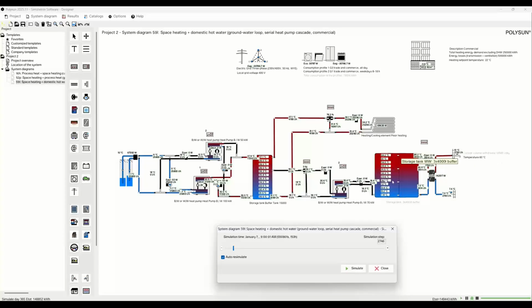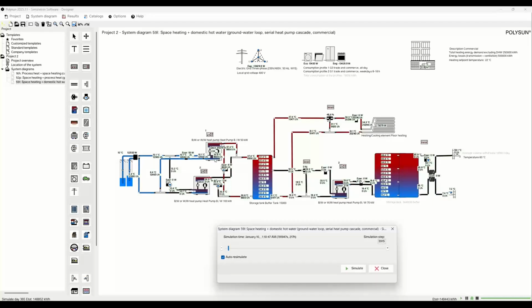And only once the buffer tank for the hot water goes down in temperature level, then the booster heat pump switches on, and then it might also bring the second heat pump to switch on. So you can see I can click through these time steps to see what is actually happening in the system, and I can also move this to go further.